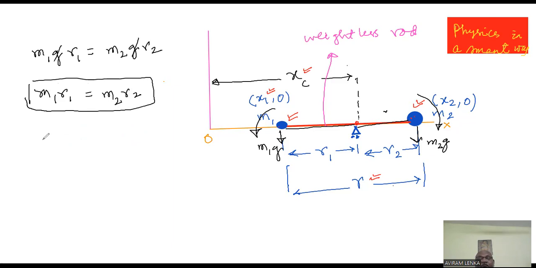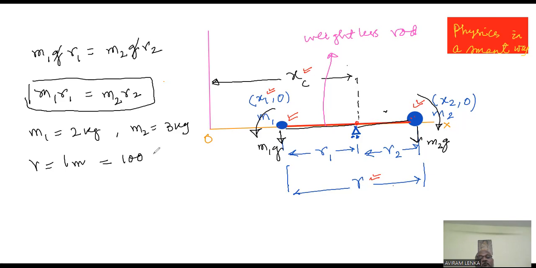Let us say we go for a practical case where M1 equal to 2 kg, M2 equal to 3 kg, and R equal to 1 meter or 100 centimeter.